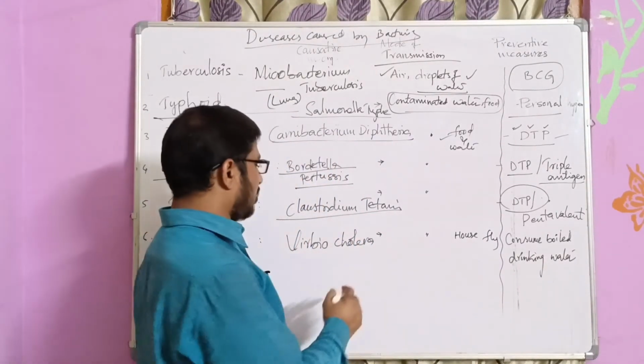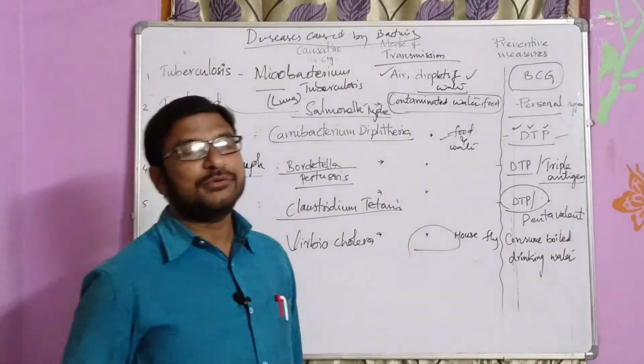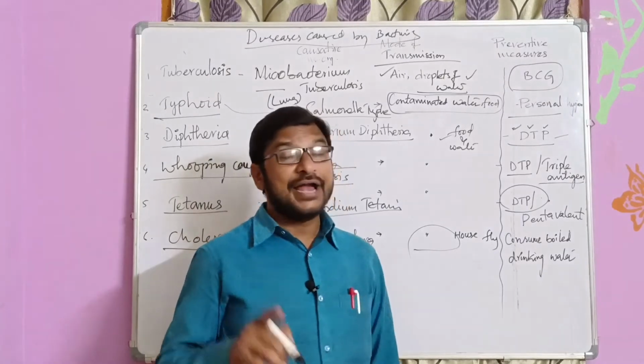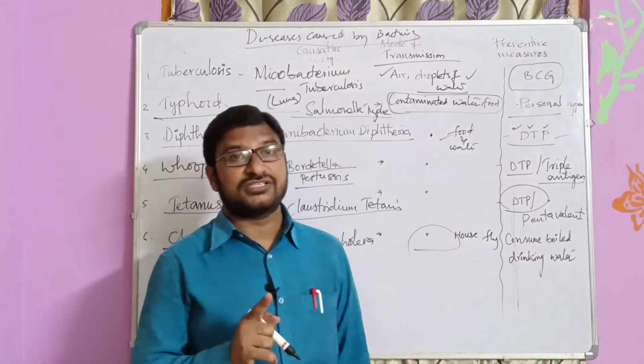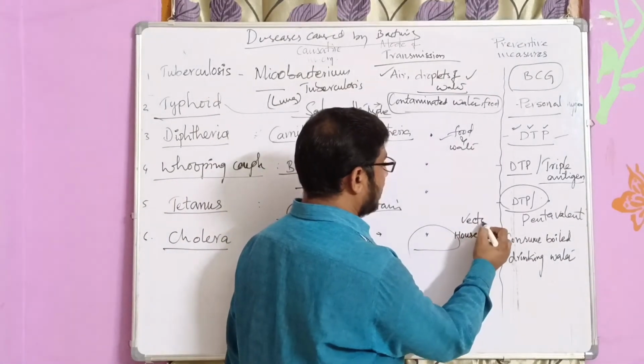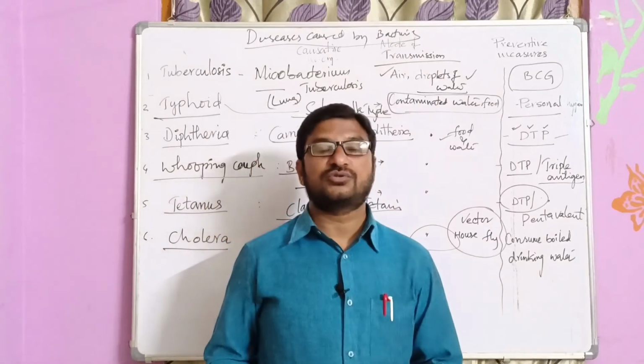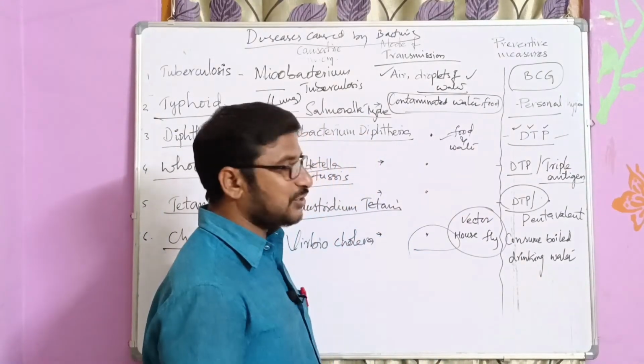The main mode of transmission is food and water contamination, and one of the main vectors to spread it is the housefly. The housefly transmits this disease from one person to another.